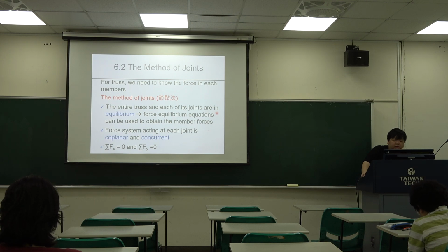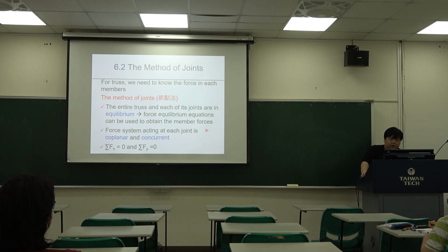This means the force equilibrium equations can be used to obtain the member forces. The force system acting at each joint is coplanar and concurrent, so we can use these two equations to solve the problem: summation Fx equals 0 and summation Fy equals 0.